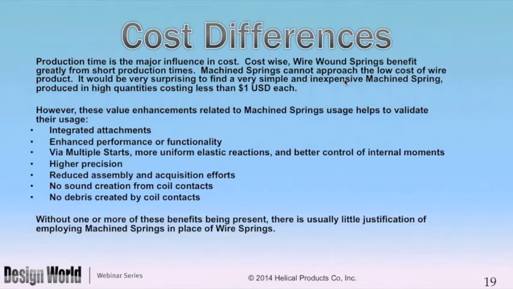And as the last sentence says, if you can't find a reason to justify the machine spring, then the wire spring would certainly be the choice that you might have.